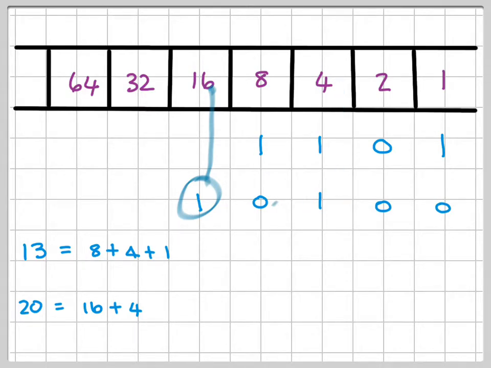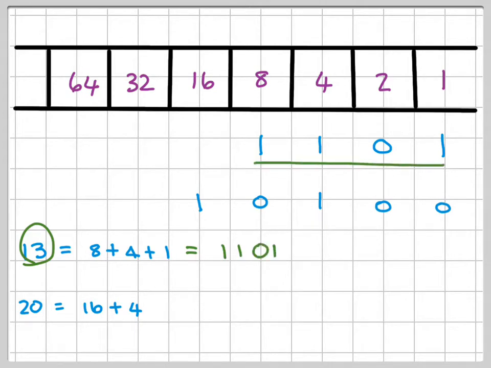So the number for 20 would then be 1 0 1 0 0. Let's go write them down there in another color next to them. So 13 is going to be equal to 1 1 0 1. That's that number up there that we did. And 20 is going to be equal to 1 0 1 0 0.